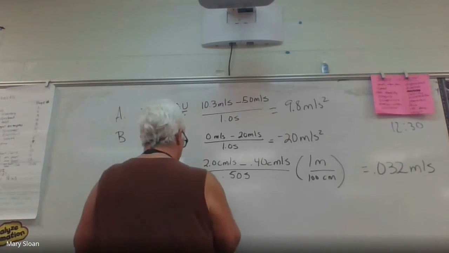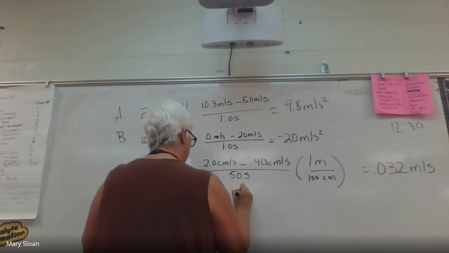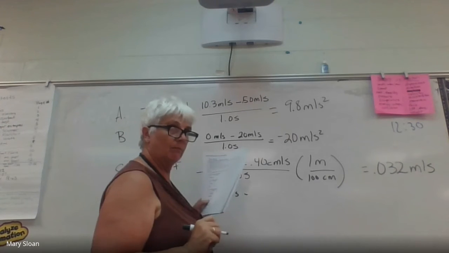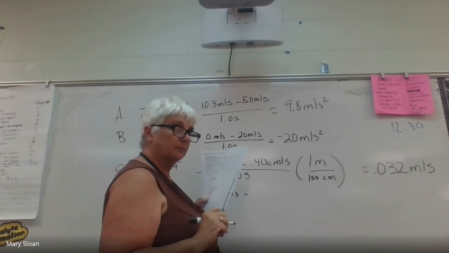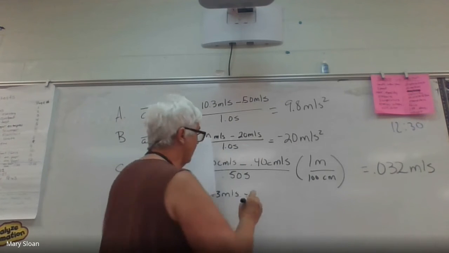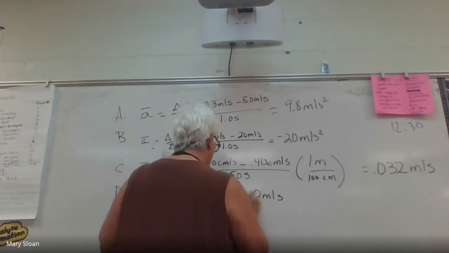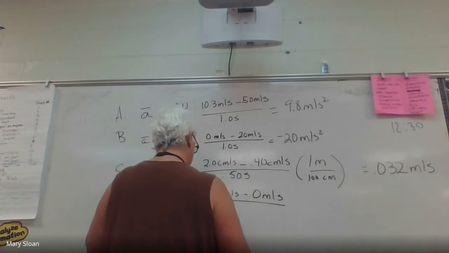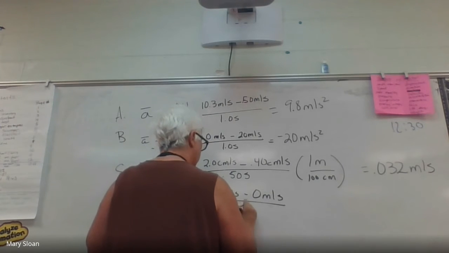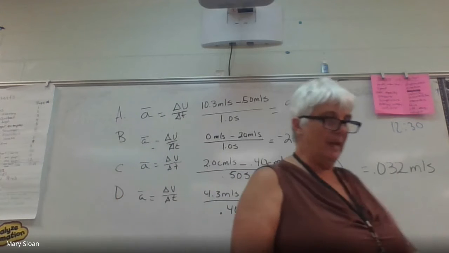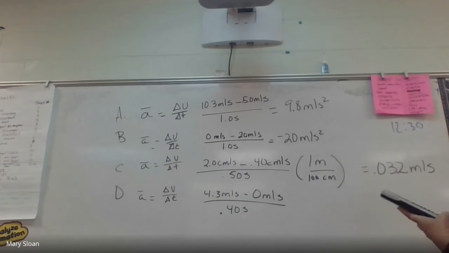Thank you, sir. 4.3 meters per second. What's my initial one? He's 0, right. 0 meters per second. What's my time, Raymond? Okay. All right, let's do our math. Xavier, you're going to tell us what it is. Okay. I'll come see.